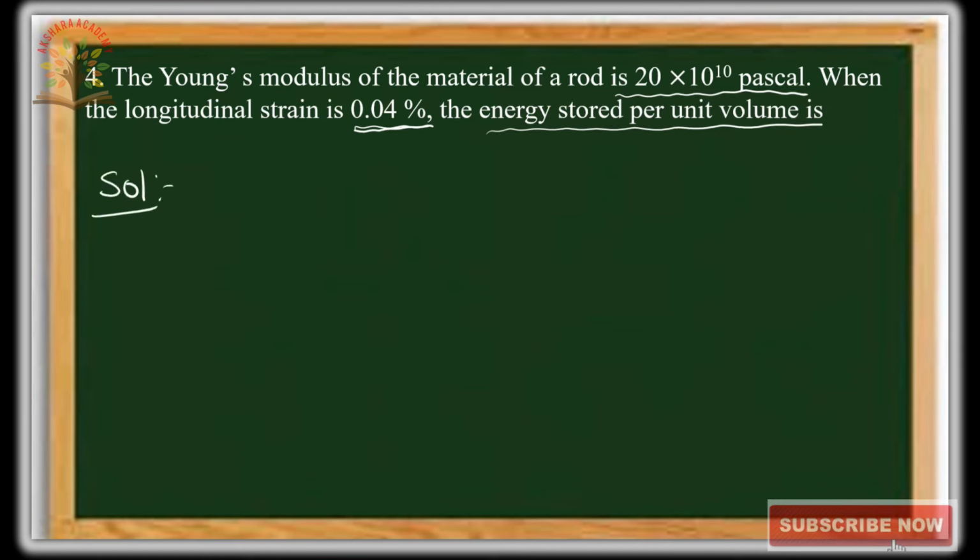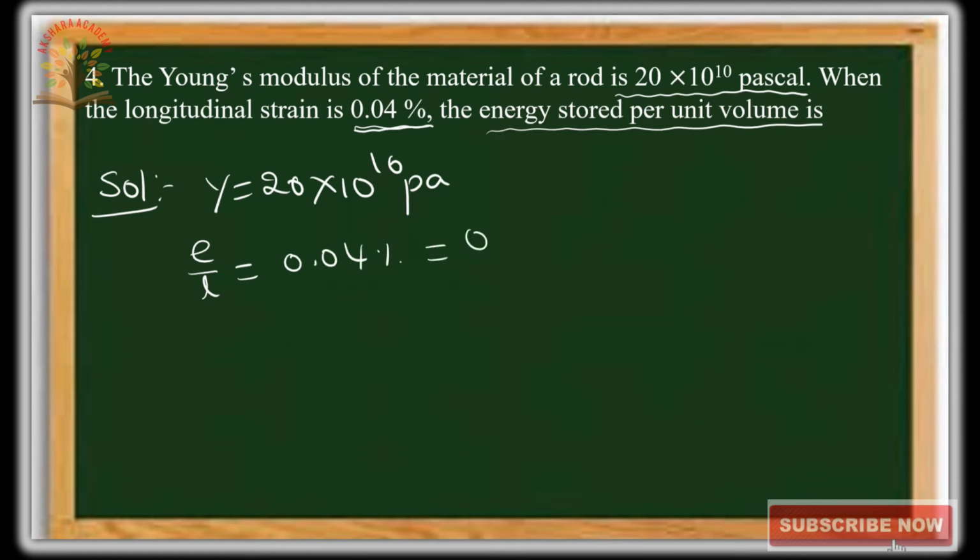They have given Y is equal to 20 into 10 to the power of 10 Pascals and they have given strain E by L is equal to 0.04%. This can be written as 0.04 by 100, and then energy stored per unit volume U by V is equal to half into Y into strain whole square.